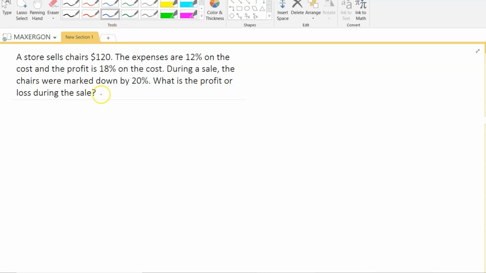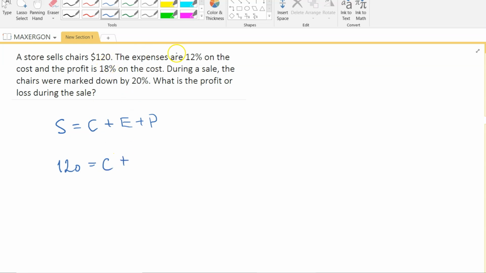Well, let's first find the cost of the chairs. In order to find the cost, we will build an equation. So selling price is cost plus expense plus profit. Selling price is $120 in this case because the store sells chairs for $120. That's a regular selling price. Cost is unknown.